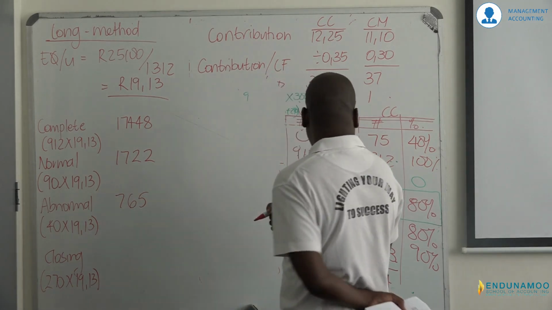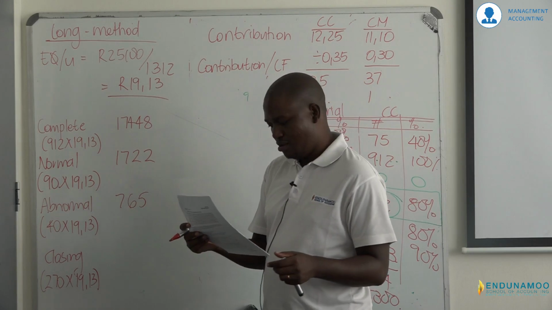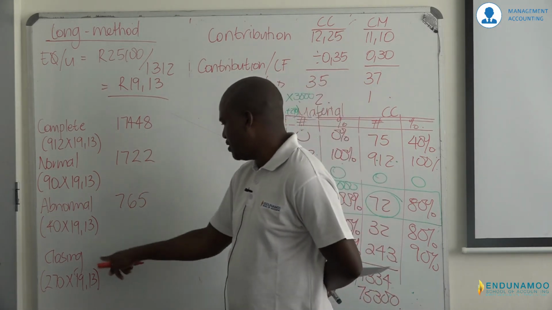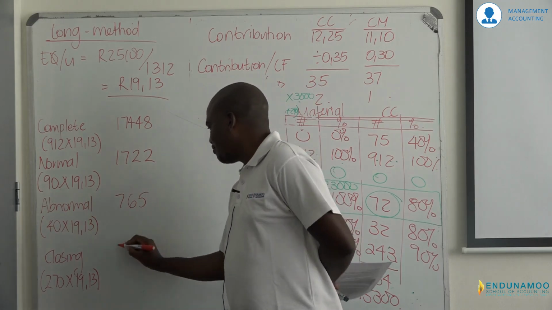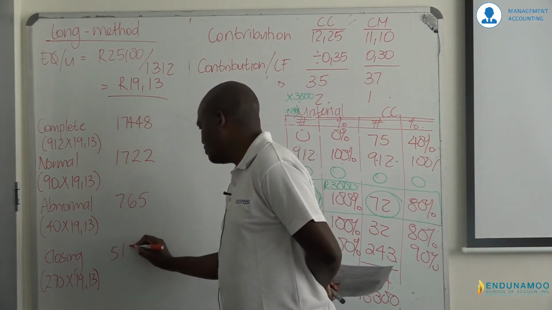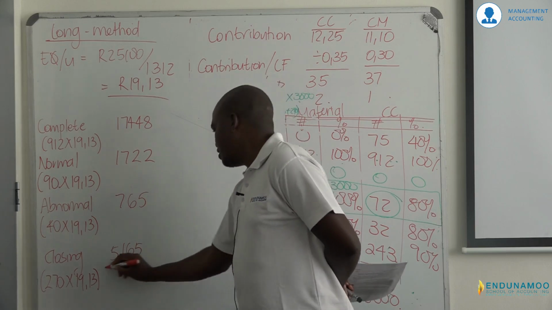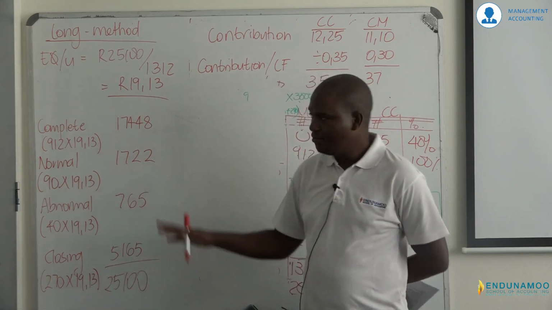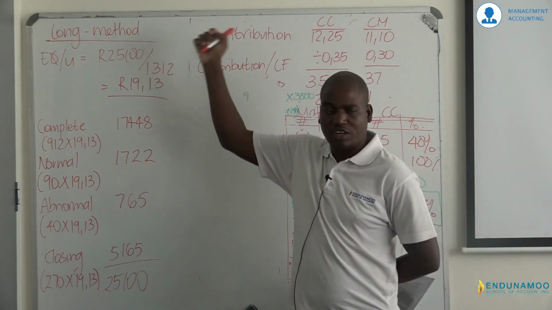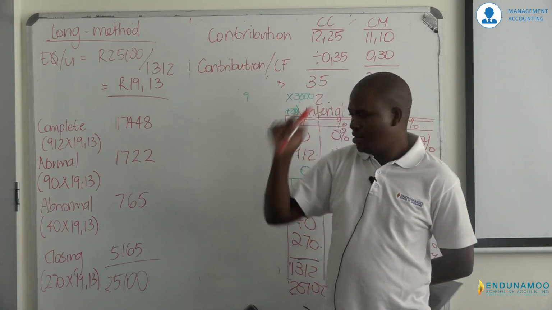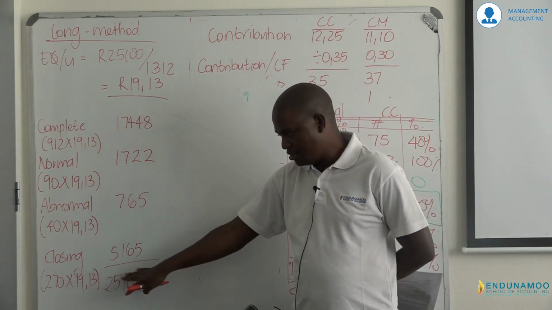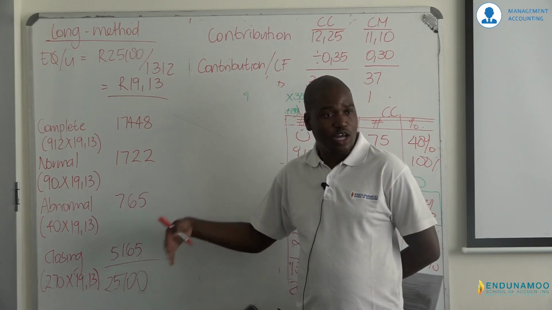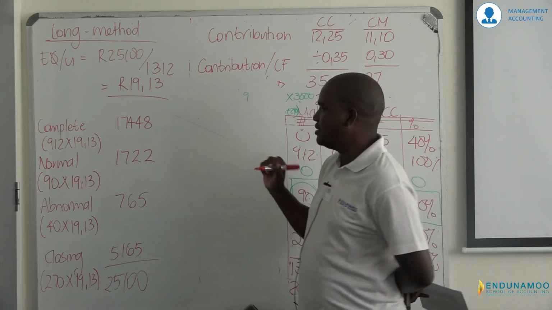Oh, wait. I forgot about the normal loss, but let's do it for the principal here. Then what do you have? 5165. So this will be 25,100 altogether, because it should add up back to 25,100, right? But you'll remember that we've got normal gains here, so they'll need to be deducted. So you'll allocate the net. But let's just go with the principal.